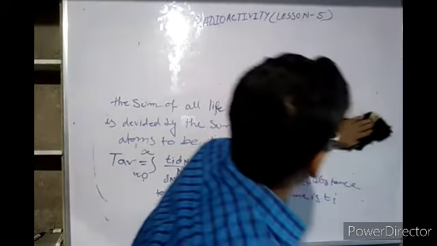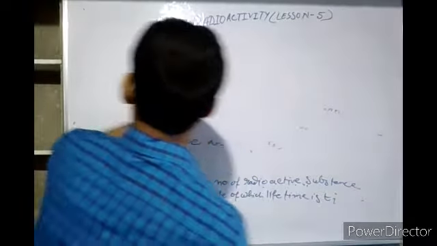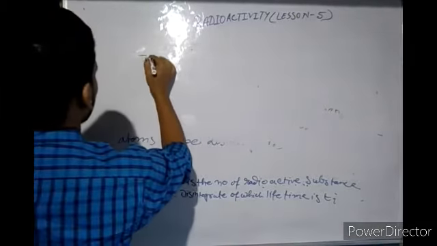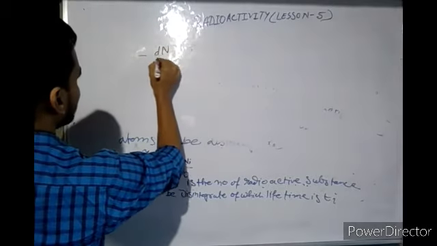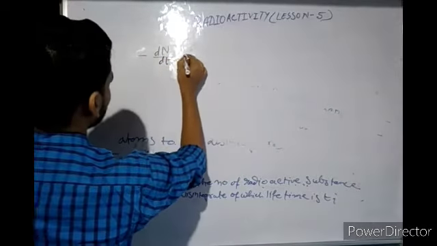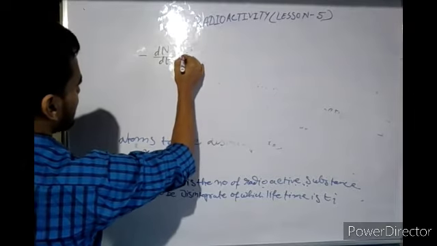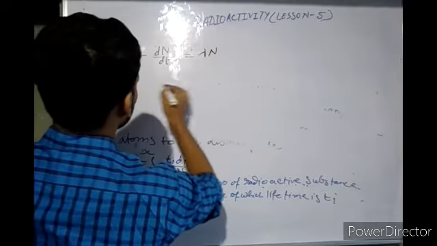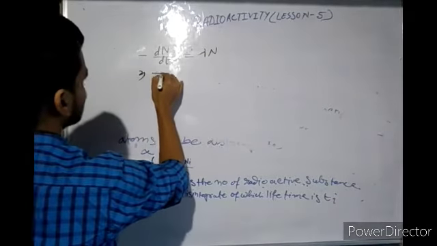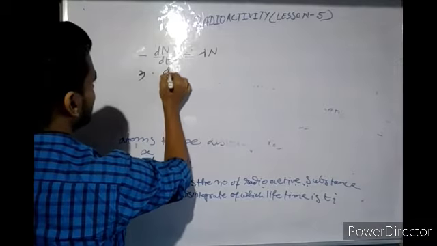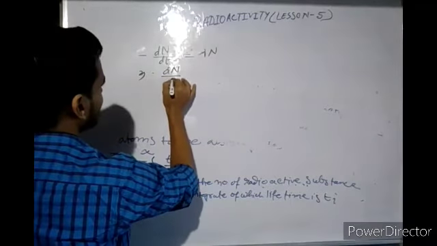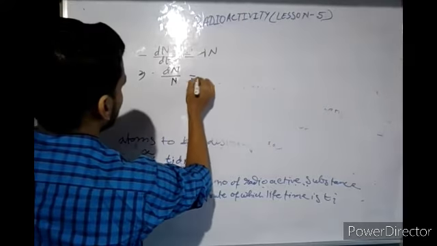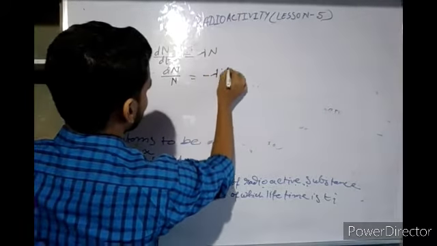Then from the mathematical derivation of the radioactive disintegration law, we know that minus dN by dt equals lambda N, or minus dN by N equals minus lambda dt.